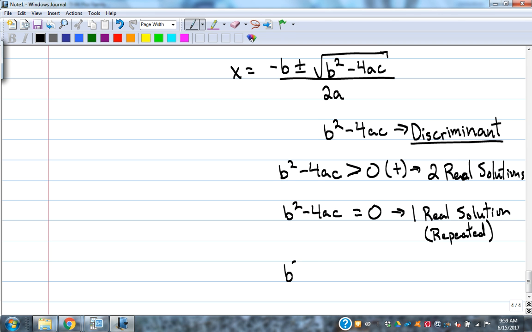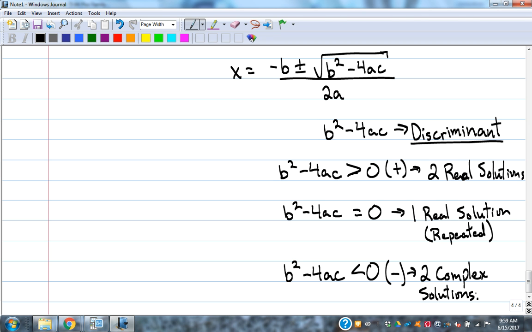Last case, b squared minus 4ac is less than 0. Means it's a negative number. That means we're going to have two complex solutions, meaning it's got the i in it. Okay, well, the i is going to be part of the answer here with the complex solutions.